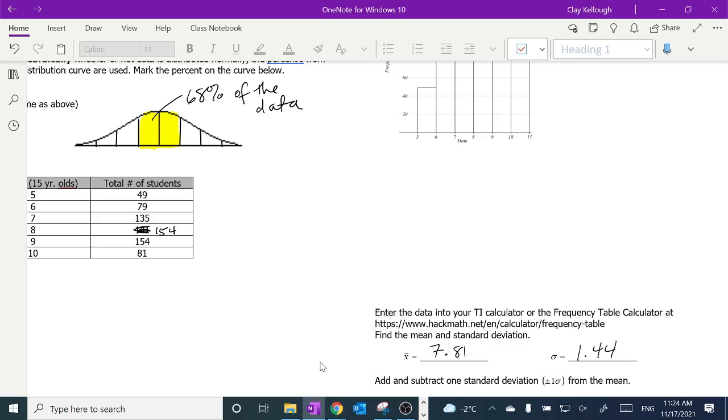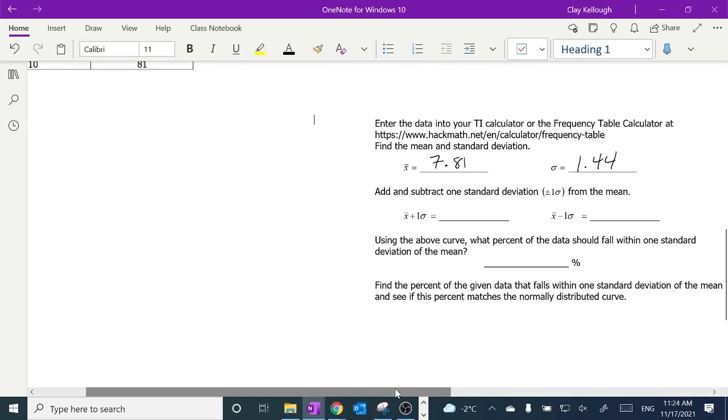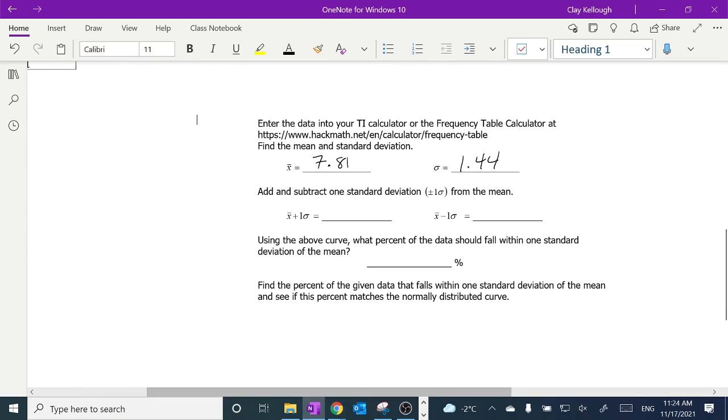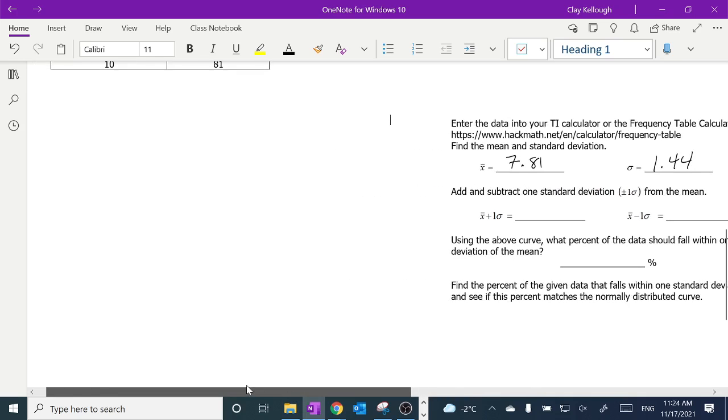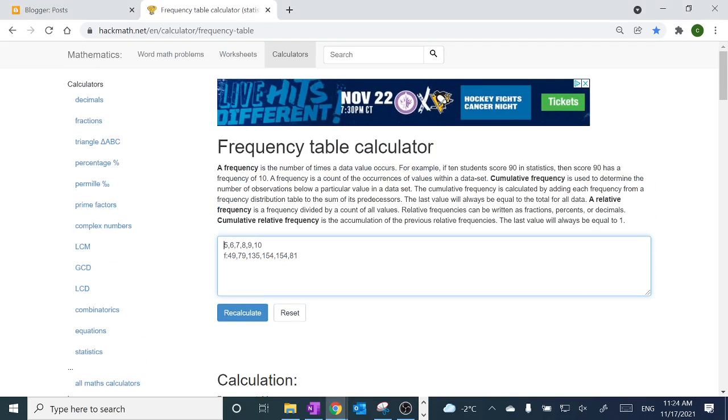So now I go back and I do this. I got to do some calculating now. Okay, hold on. You put it in by putting the list of data points with commas, and then on the next line, you hit F for frequency, then a colon, then you list the numbers that are all your frequency numbers.